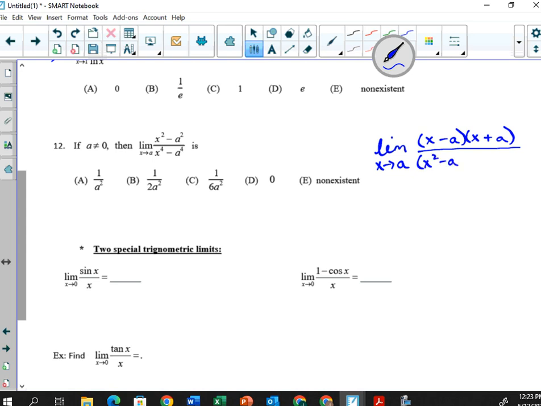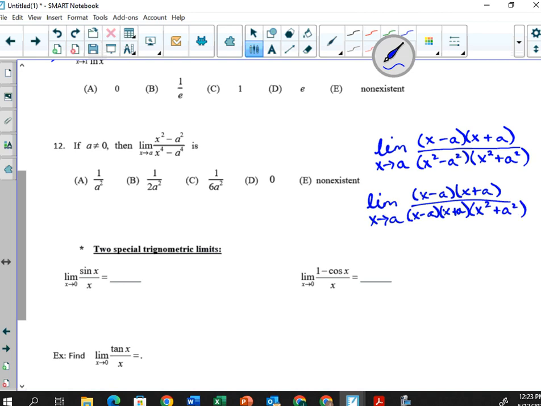X squared minus a squared times x squared plus a squared. Then one of those I could factor again, right? X squared minus a squared would be x minus a, x plus a. I can write that. But the x squared plus a squared, I can't do anything with that.